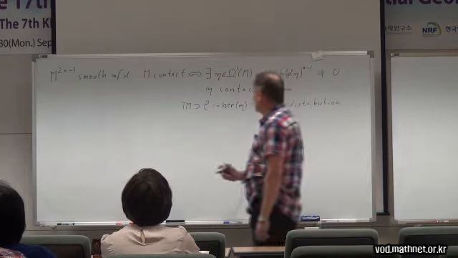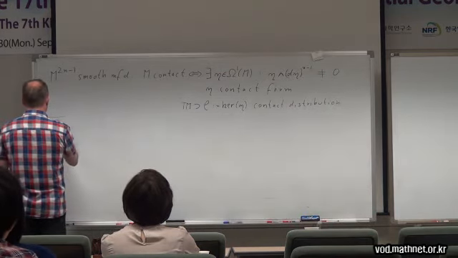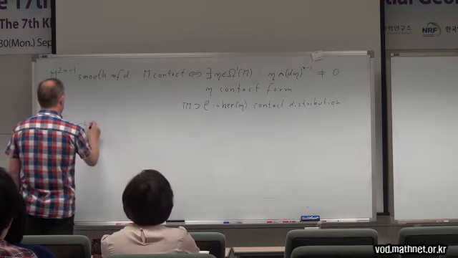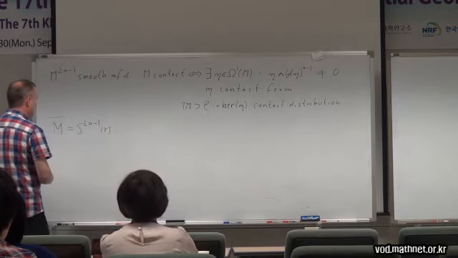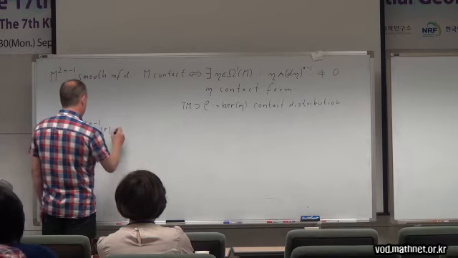And I want to discuss one example. This is a really good example, and it's elementary. It's the 2n minus 1 dimensional sphere of radius r.